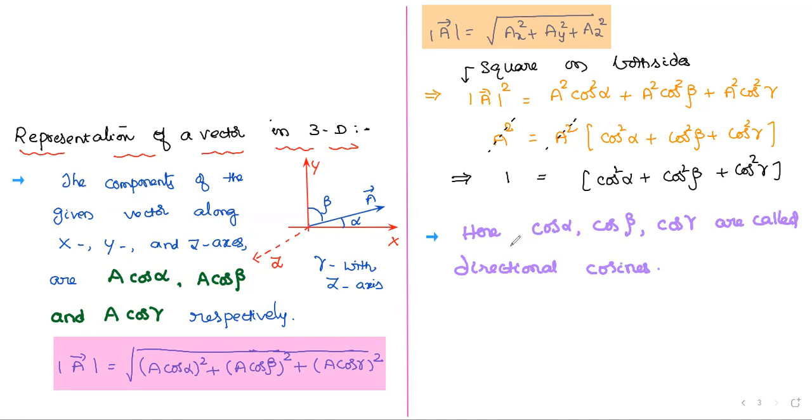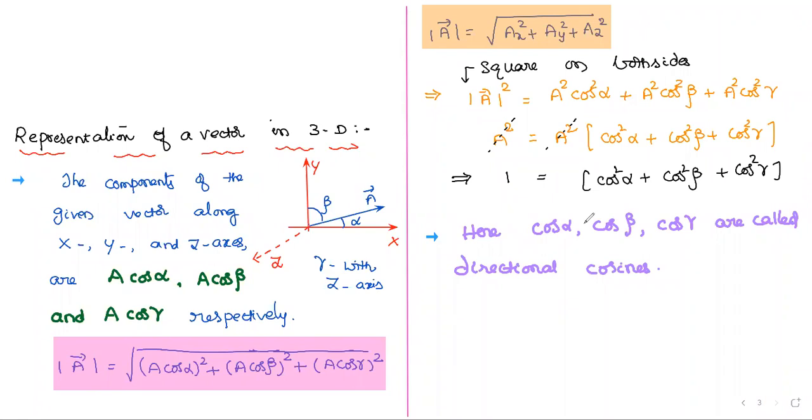Find the directional cosine along the x-axis. Which one do you find: cos alpha, cos beta or cos gamma? Suppose you find it in an exam. Wow, very good, you understood. That is cos alpha. Find the directional cosine along the z-axis.